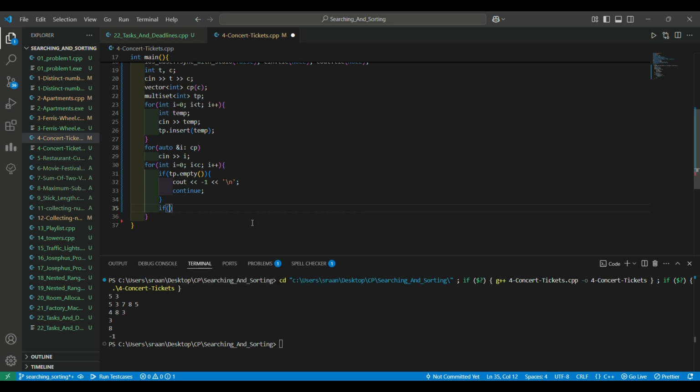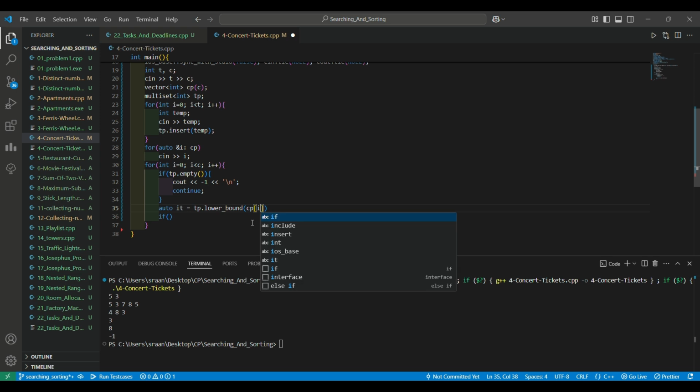Else, in all the rest of the 3 cases, firstly we would find the lower bound. So tp dot lower bound for the ith customer's offered price.